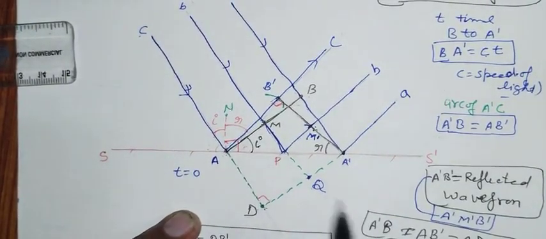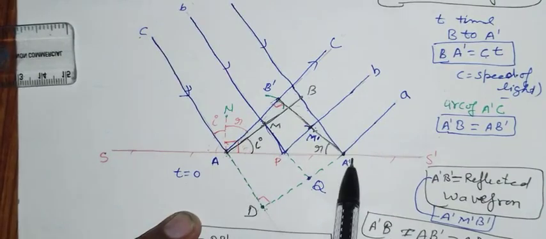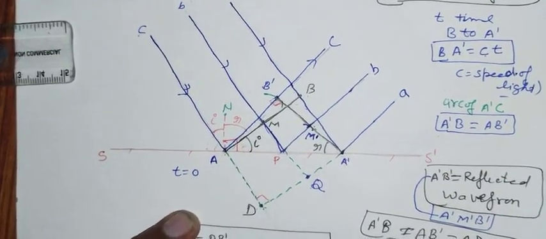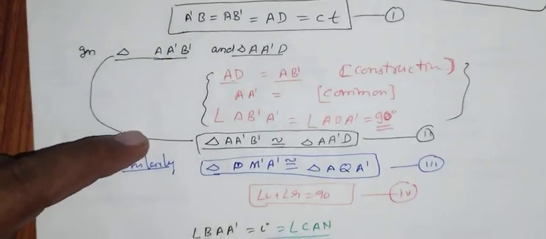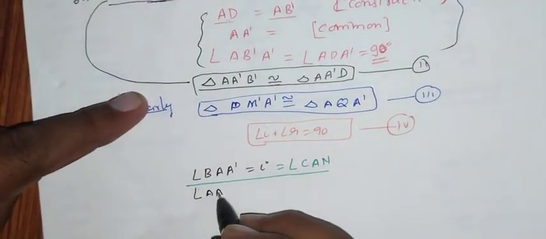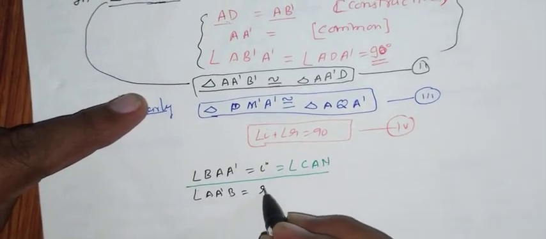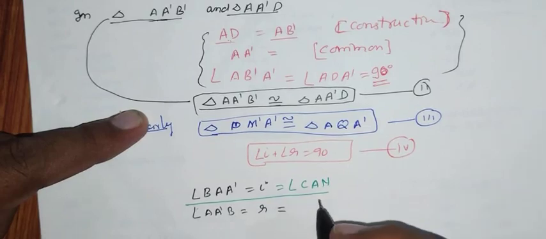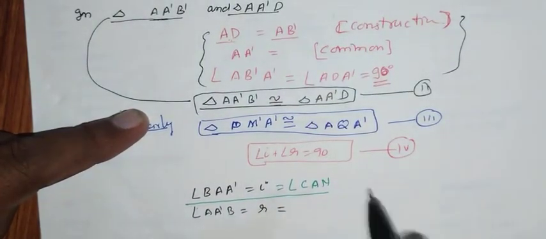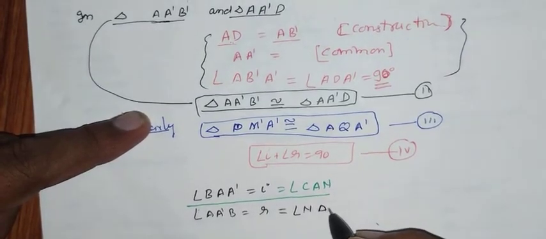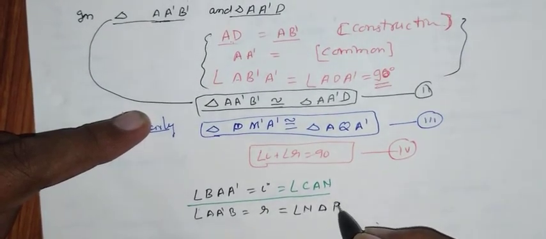Here in this case, what is this angle? B'A'A. Yeah, we can say A'B'. Angle A'B' is equal to R, and this is equal to angle R is NAB'.